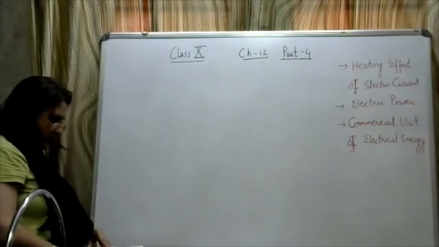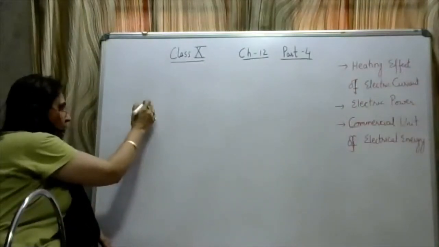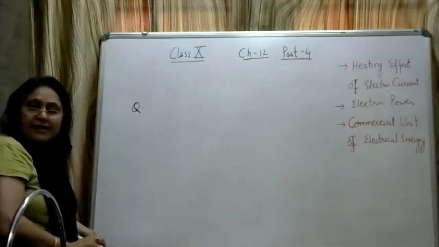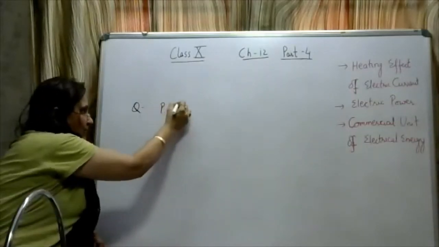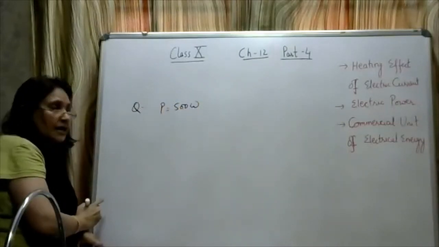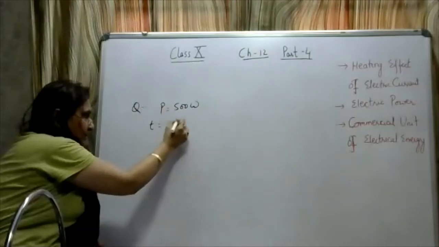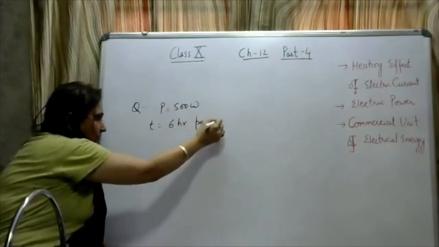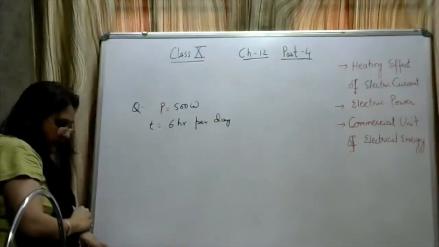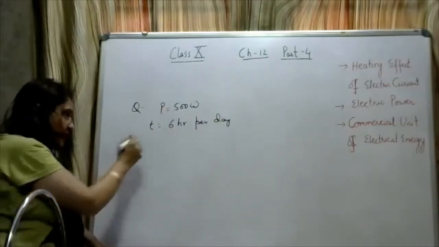Let's do a question based on it. An electric refrigerator rated 500 watt, so the power is given as 500 watt, operates for 6 hours a day. The time given is 6 hours per day. What is the cost of electrical energy if it is used for 30 days?